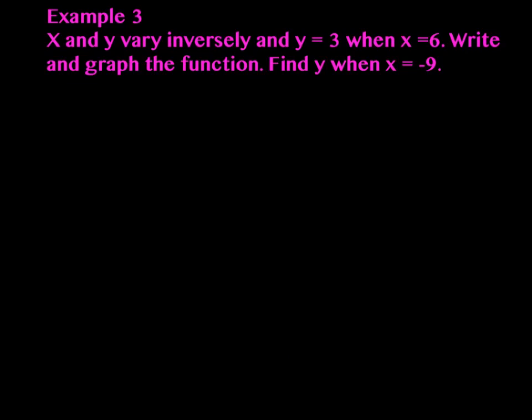In our next example, x and y vary inversely, and y equals 3 when x equals 6. Write and graph the function. Find y when x equals negative 9. Now it doesn't matter if I say x and y vary inversely or y and x vary inversely. Because if I said x equals k divided by y and I were to switch their places, I would have y equals k divided by x.